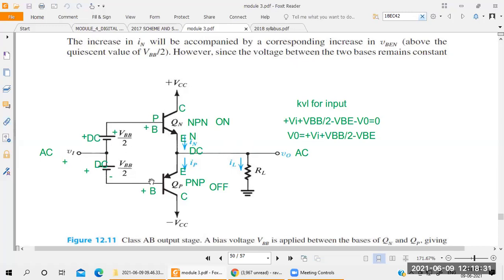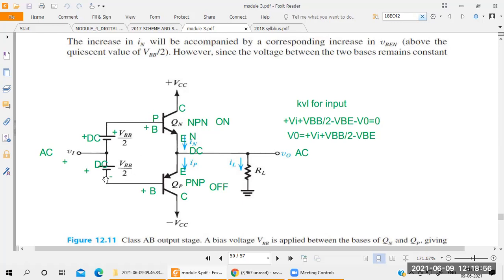For the base side, they have taken 2 DC voltages, that is VBB by 2, VBB by 2. See here, the positive DC supply is connected to the base of the NPN transistor.